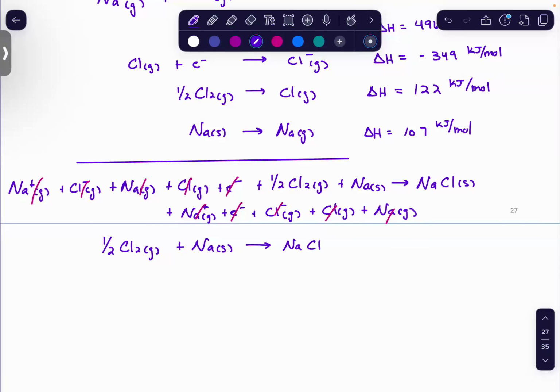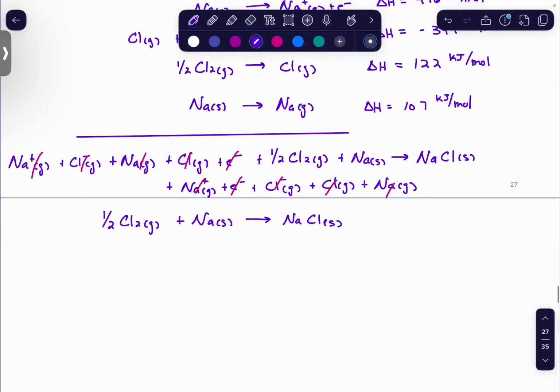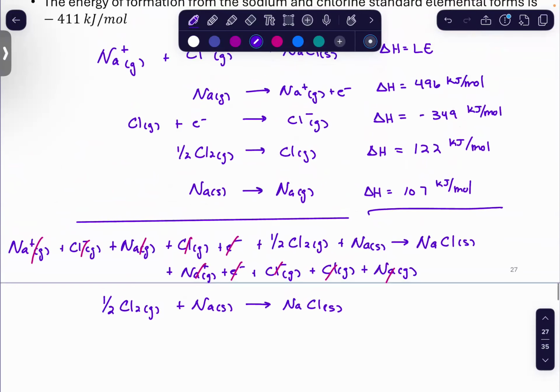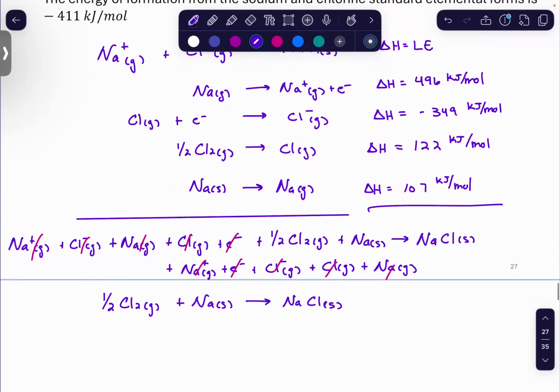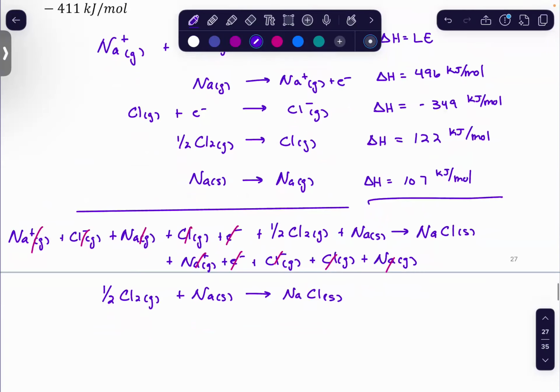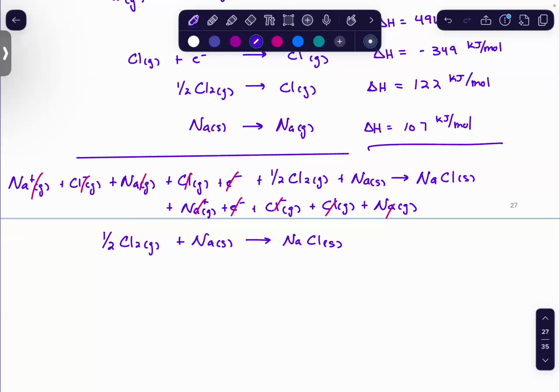so as we did earlier, we used Hess's law to figure out the overall reaction that's occurring, and that's the formation of sodium chloride in its formation equation. Okay, so since we have that now, we use Hess's law to add together all of these enthalpies.